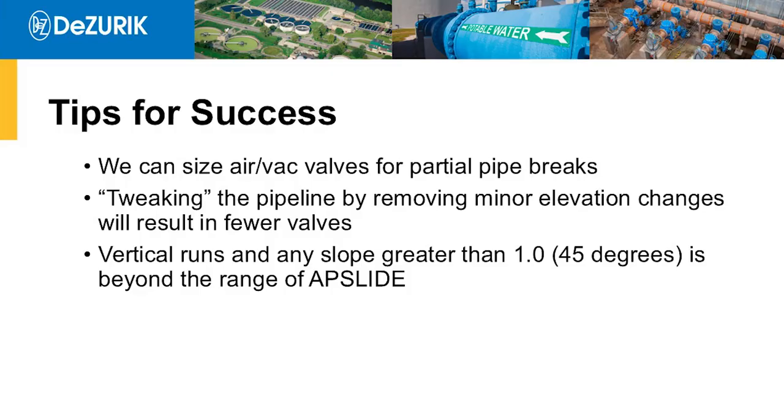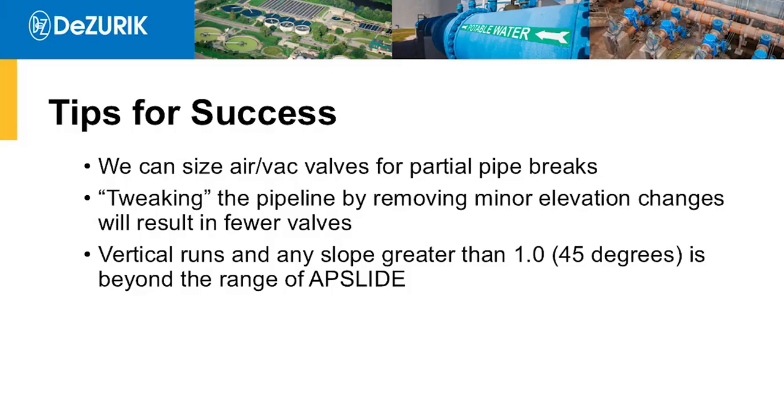Another thing is some of the information customers give us might show every single elevation change, even if they're minute. But our program determines that every elevation change is a new node, and it might put an air valve there. So, I talk about tweaking the pipeline. If there are some of those minor elevations, I'll delete that node because I don't want all that noise in my calculations.